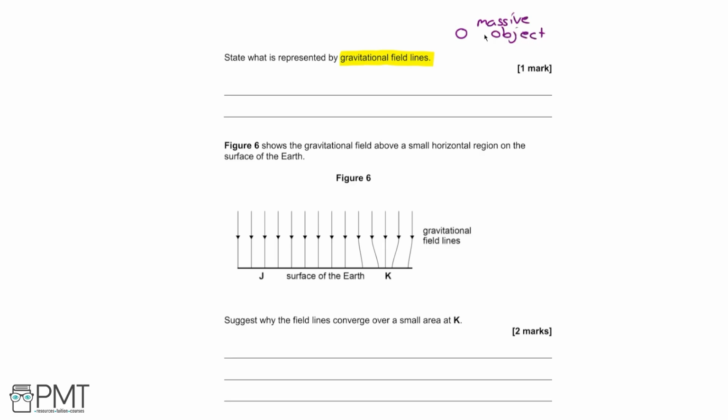So for example, if I place a massive object where there's a field line going directly downwards, then we expect to get a force following the direction of the field line, so the force will also go directly downwards. Also remember that the density of the lines represents the strength of the force.